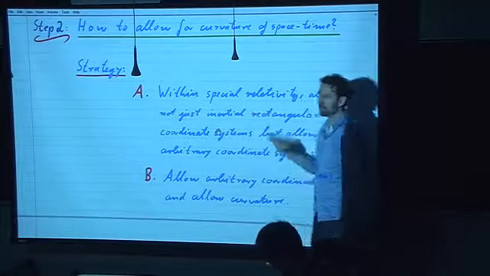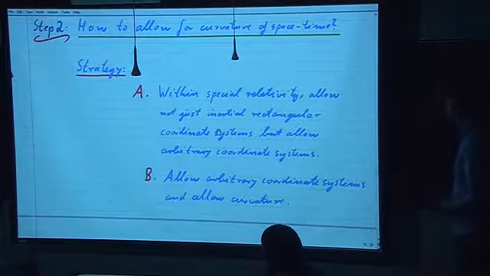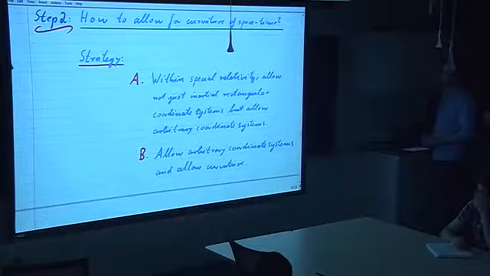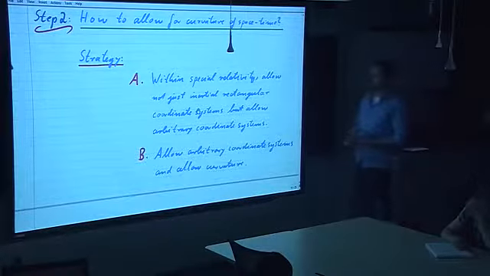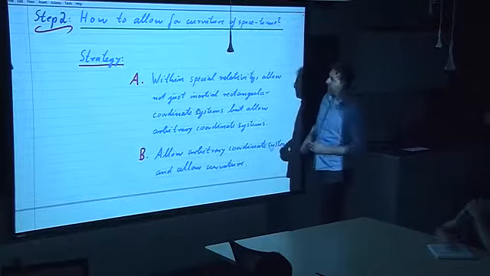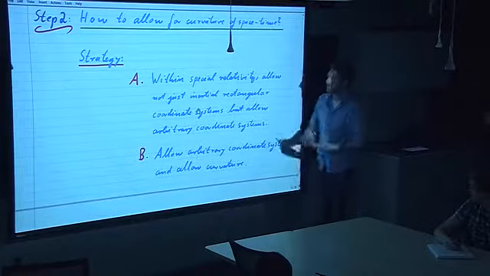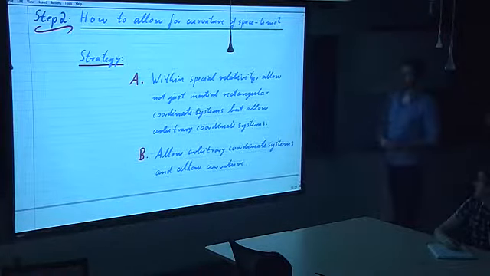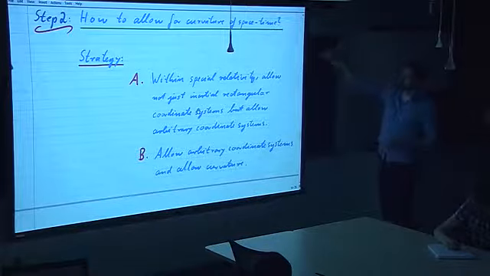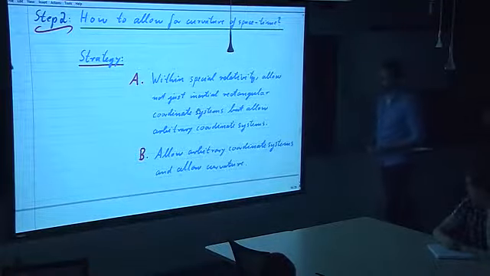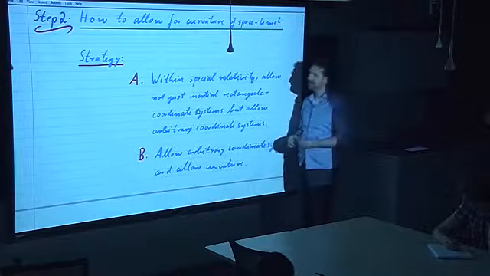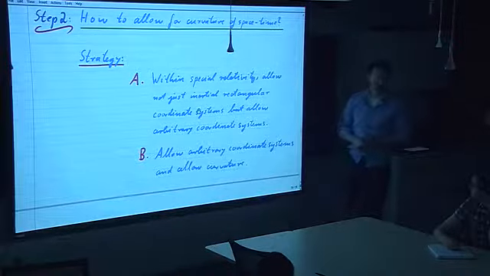We start with special relativity. And in special relativity, we started by using inertial rectangular coordinate systems. That's how we worked all the time now. But from now on, let us allow other coordinate systems too.